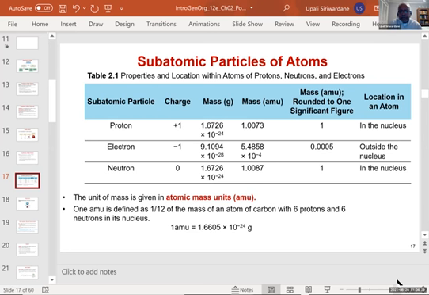The mass of an electron is about 1,000 times less than the mass of a proton, 10 to the negative 4. The masses of a proton and an electron are almost equal, but the neutron has a slightly larger mass, 1.0087.